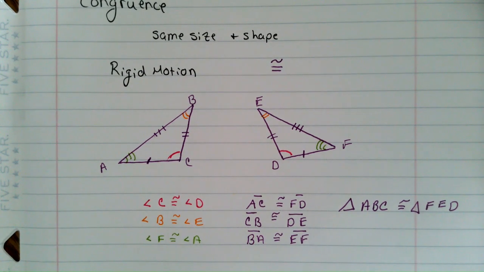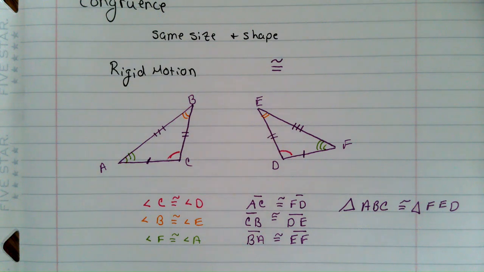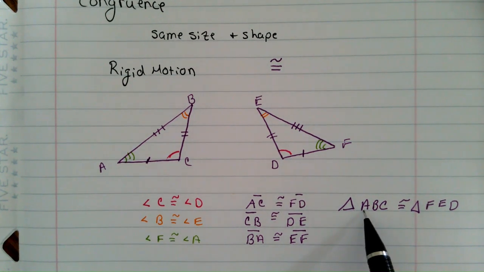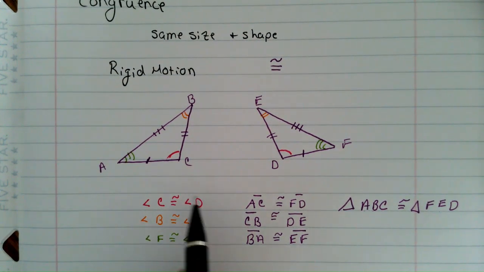I don't care whether they're in alphabetical order. One's alphabetical order, the other one spells the word FED. It doesn't really matter to me whether it's alphabetical order or whatever. What matters to me is that A corresponds to F, B corresponds to E, and C corresponds to D, which we stated right here by color coding.